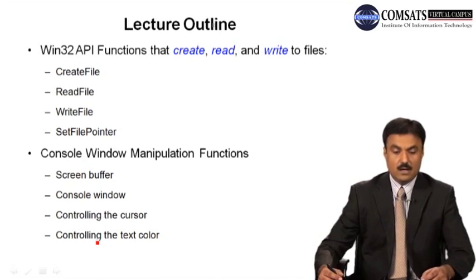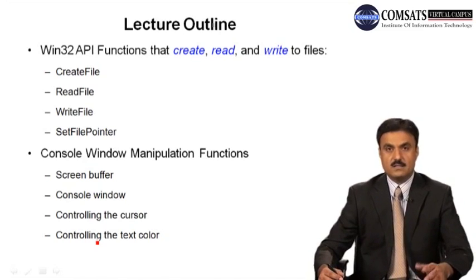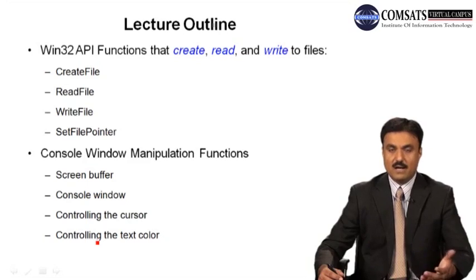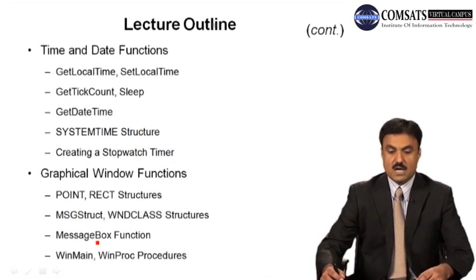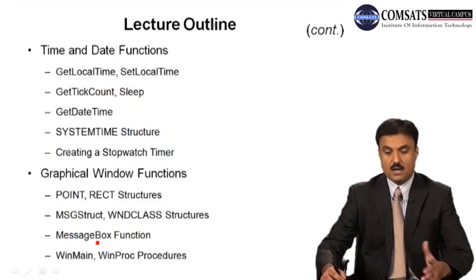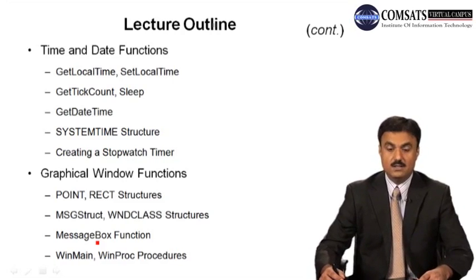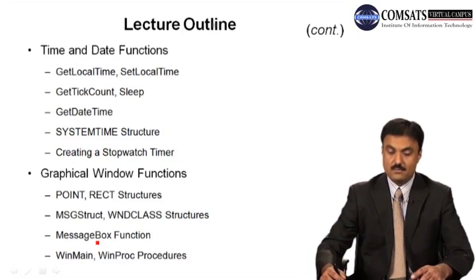Then we will discuss the console window manipulation functions, like the text screen that you see, the black color, and how we can manipulate that screen. After that, system time and date, like how we can get local time and set local time, and the timer functions like get tick count, sleep and the date functions and so on.